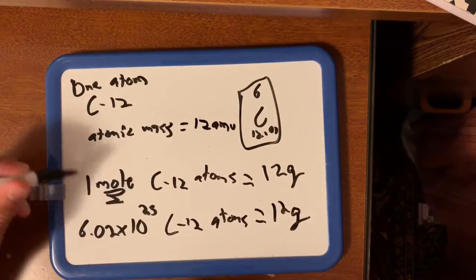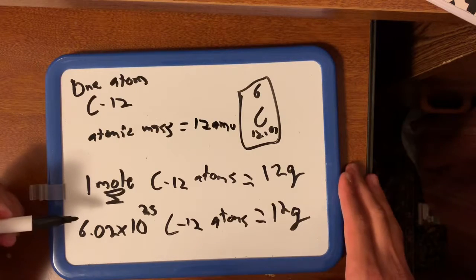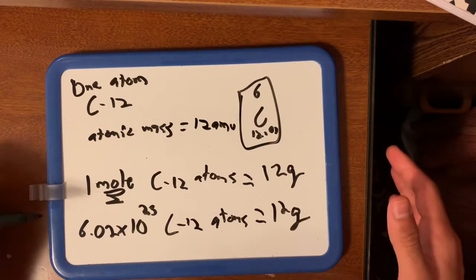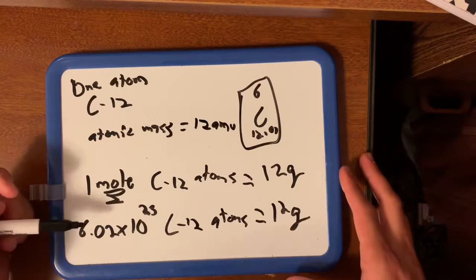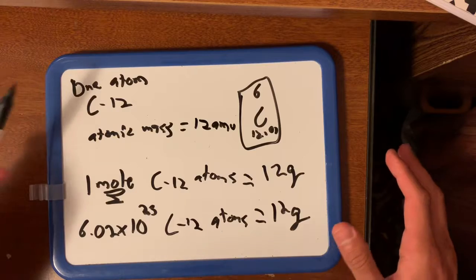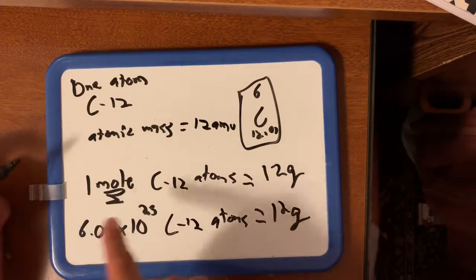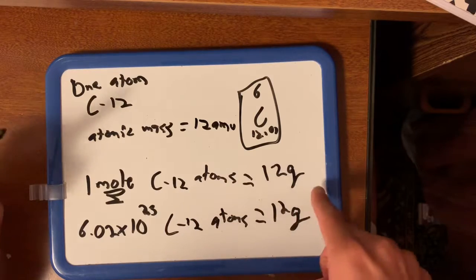These two mean the same thing. So whenever you think of a mole in chemistry, you just know that it's referring to the number 6.02 times 10 to the 23rd, and that is a very big number. So 1 mole of carbon-12 atoms equals 12 grams.